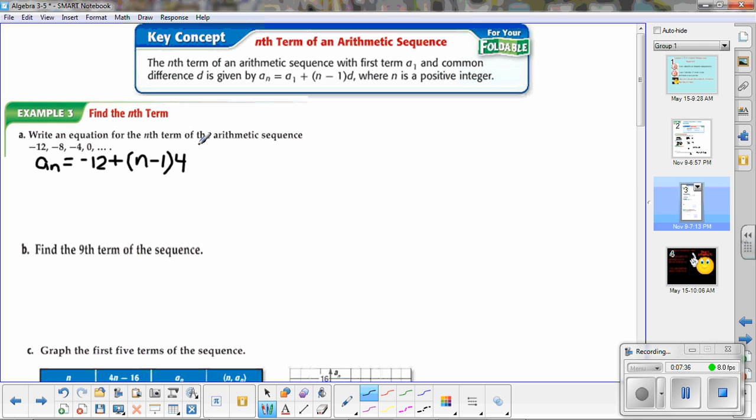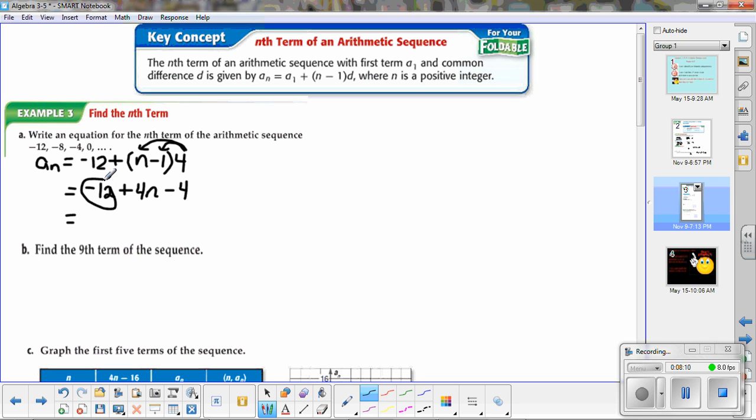Now if we want to go ahead and simplify this, a sub n is going to equal negative 12, and then here we'd have to do distributive property, 4 times n, so it's going to be plus 4n, and then 4 times negative 1. 4 times negative 1 is negative 4. Then we can go ahead and simplify this by combining like terms.